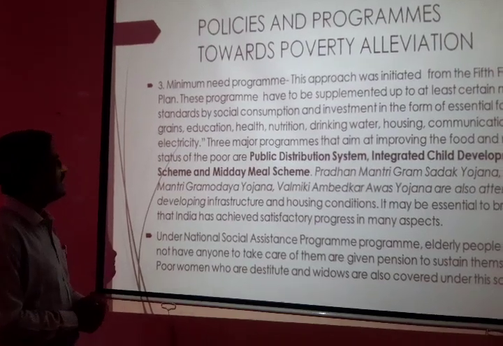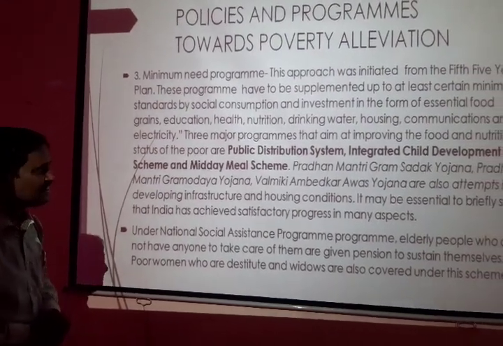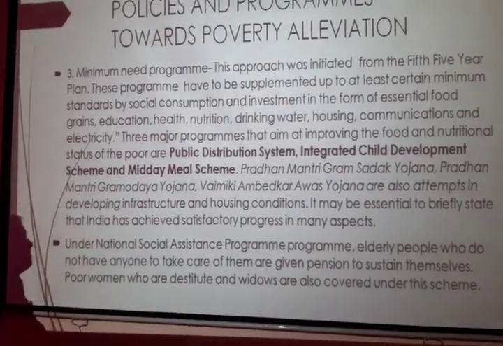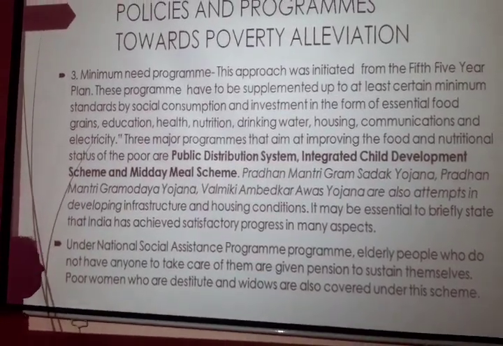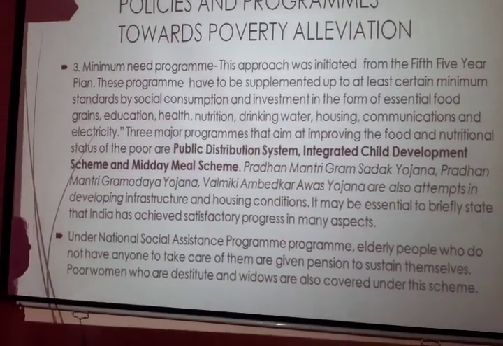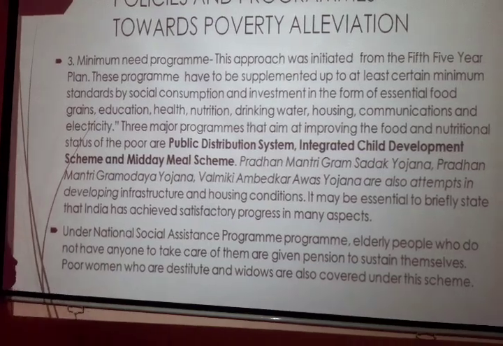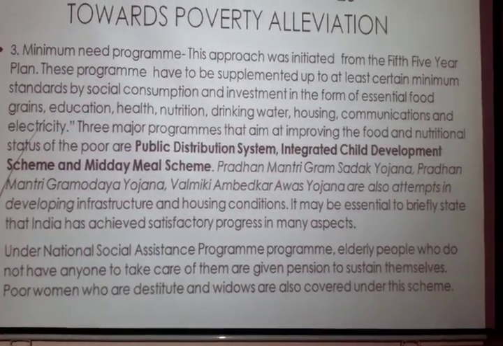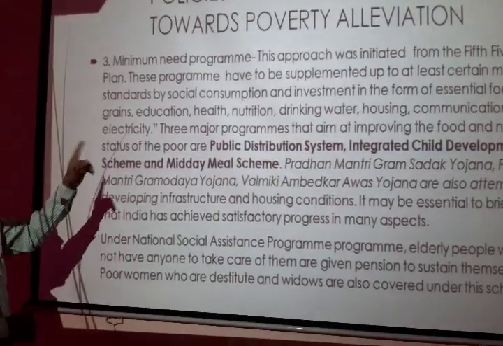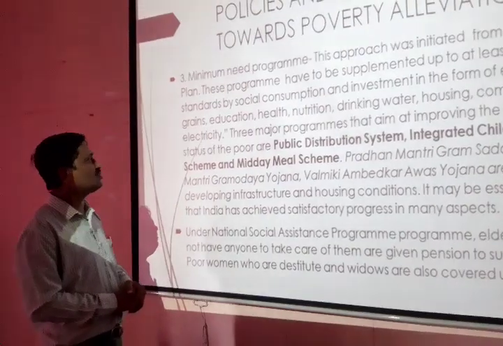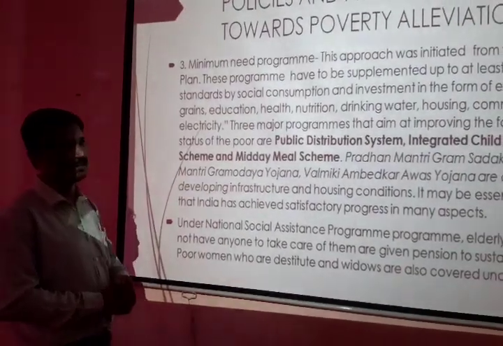These programs have to be supplemented up to at least a certain minimum standard by social consumption and investment in the forms of essential food grains, education, health, nutrition, drinking water, housing, communications and electricity. So under this program, the government's aim is to invest in social consumption and investment.